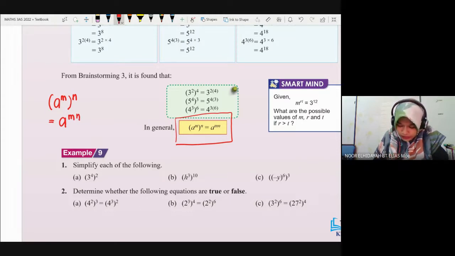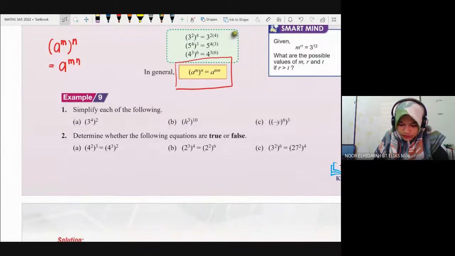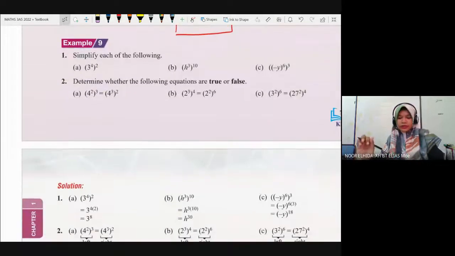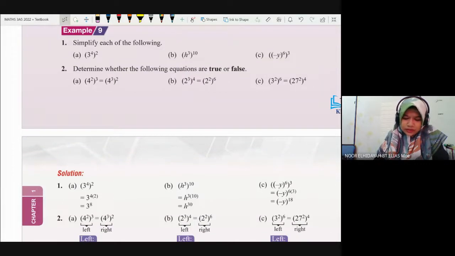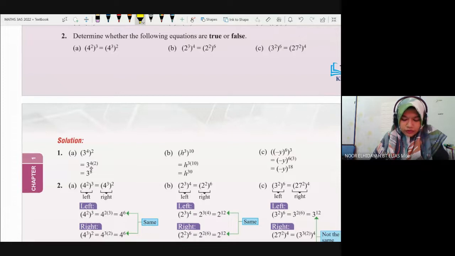Okay, alright, kita boleh tengok pada example 9. Okay, senang sangat this one. Okay, 3 to the power of 4, power of 2, darab sahaja, 4 times 2. Okay, this one, h to the power of 3, power of 10, so 3 times 10, the index.